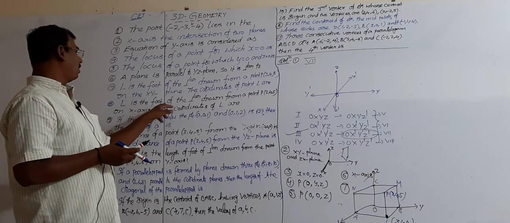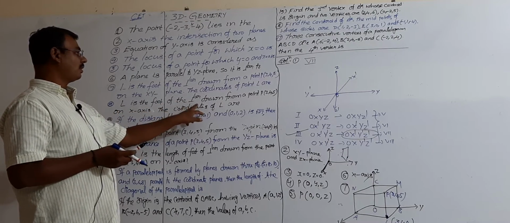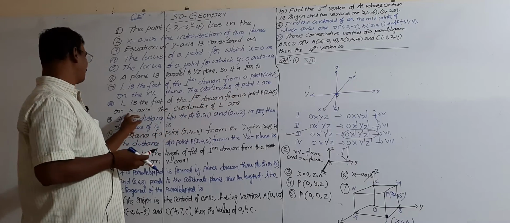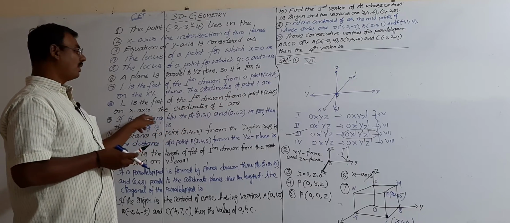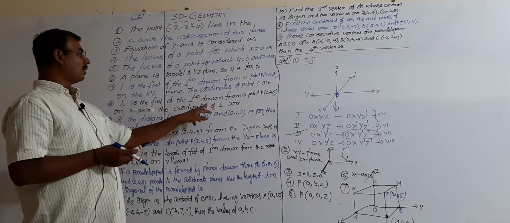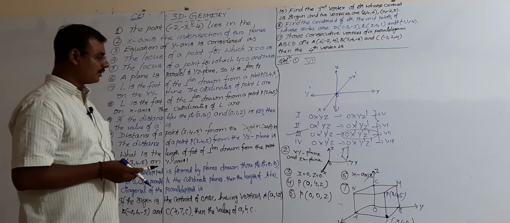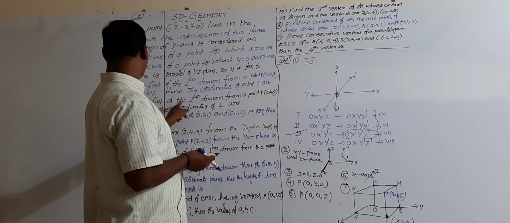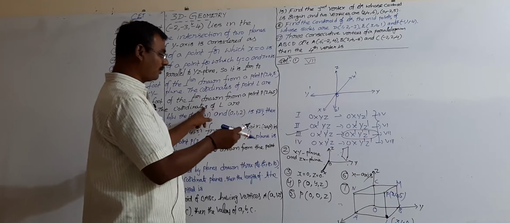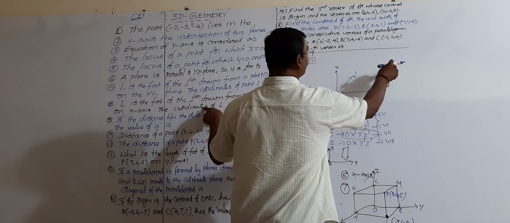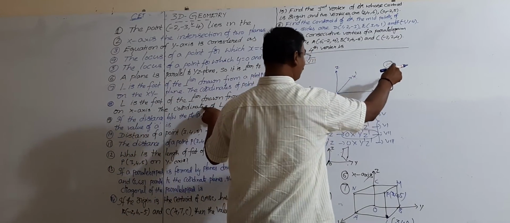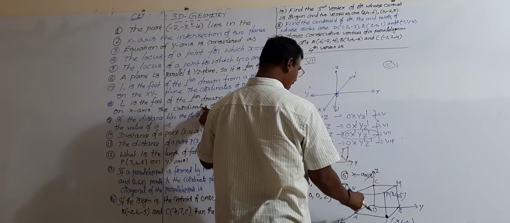L is the foot of the perpendicular drawn from a point P(3, 4, 5) on the x-axis. What are the coordinates of L? The same point is given. Question number 8 is almost the same. What is the point on the x-axis?